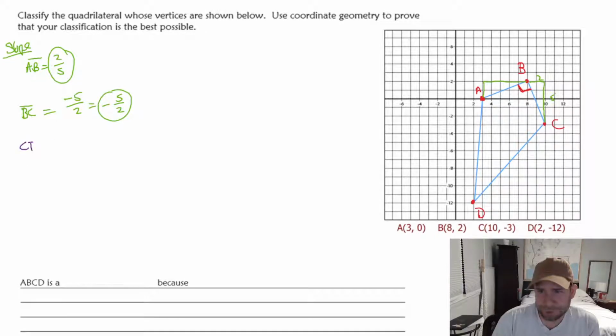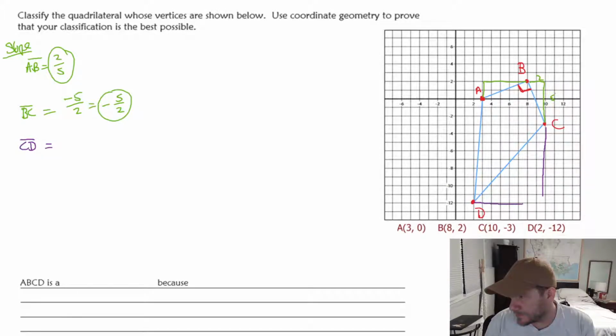CD. Alright, we're dropping down a bunch, we're running over a bunch. So let's actually imagine going D to C. D is at 2, we're going 2 to 10, so we're running 8. We're rising from 12 up to 3, so that's a change of 9. So the slope of CD is a rise of 9, run of 8.